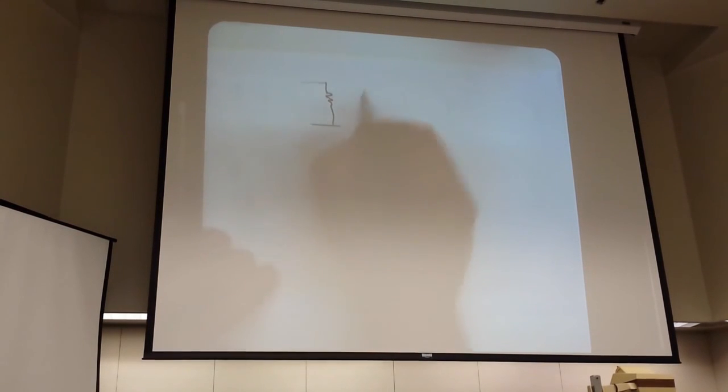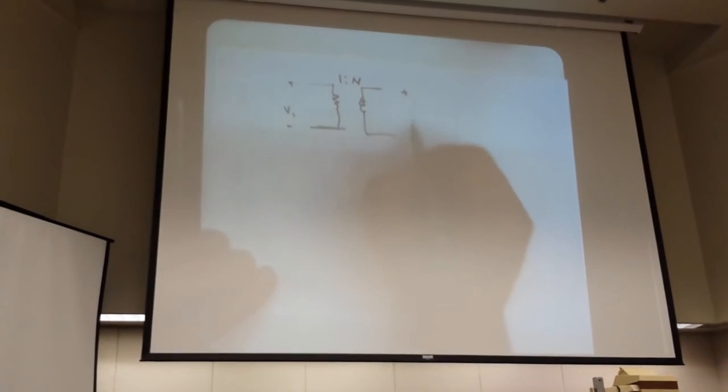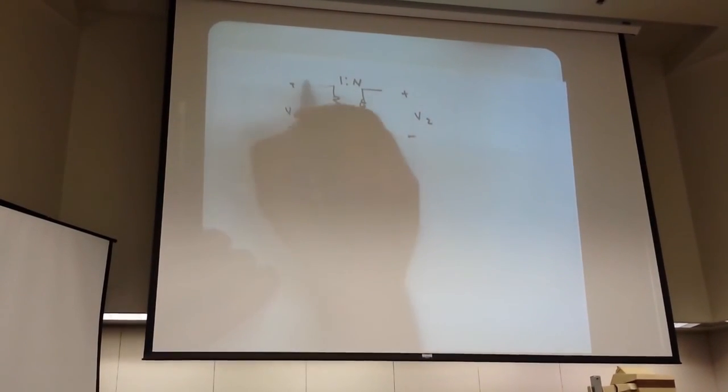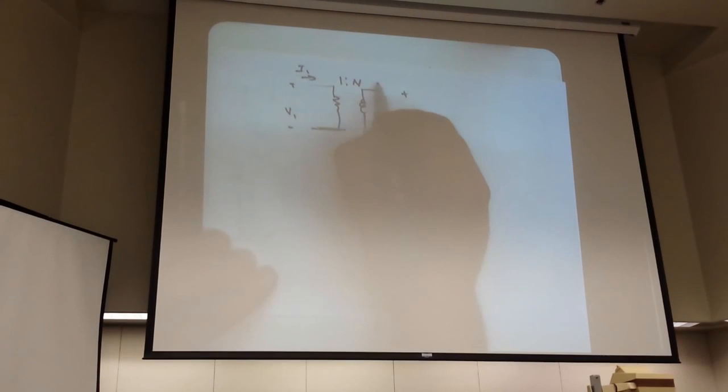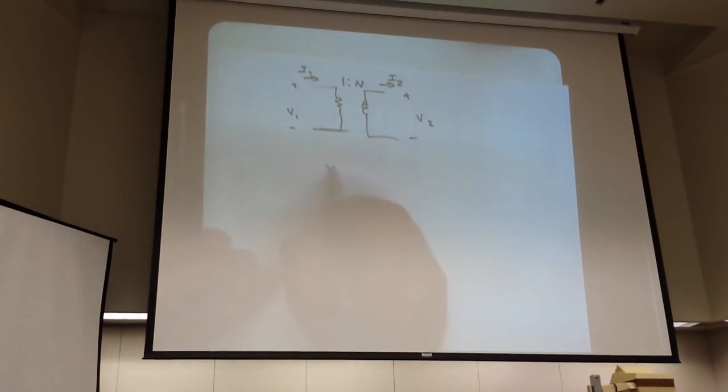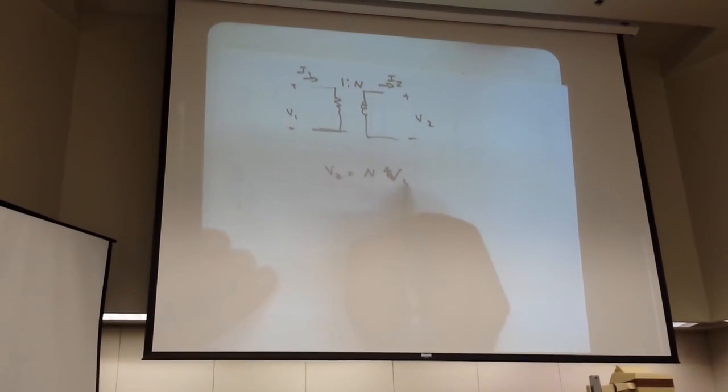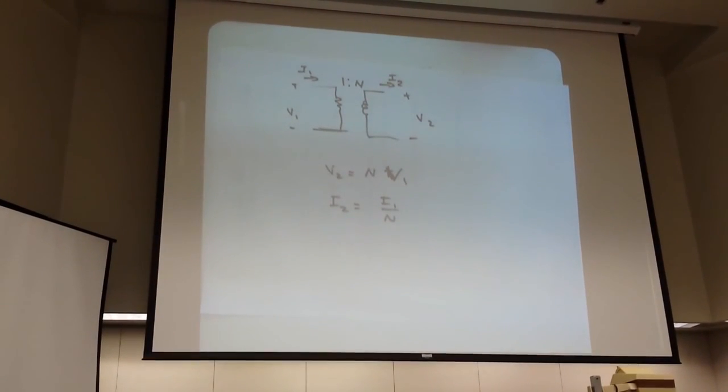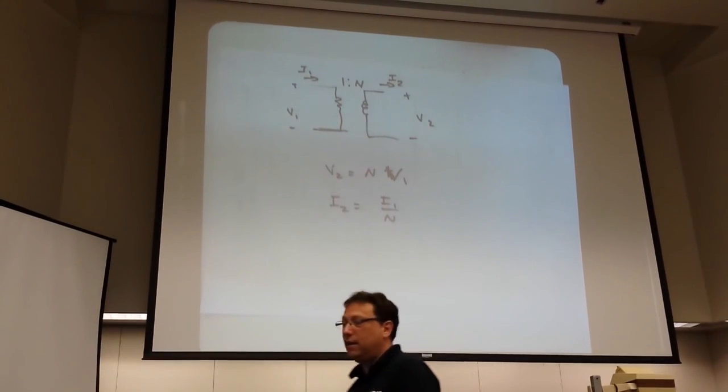It's my last piece of paper, so we can't have any more discussion. If this is 1 to n, call that V1, call that V2, call that I1, call that I2. Our ideal transformer relationships, n times V1. So if n is less than 1, like it was in this problem, that was n to 1 instead of 1 to n.